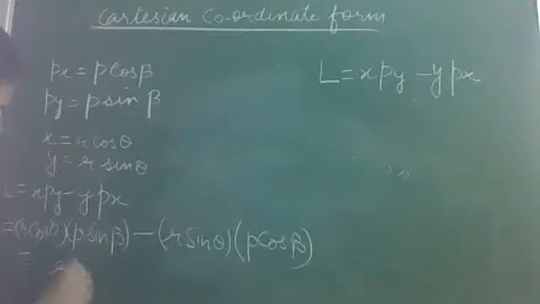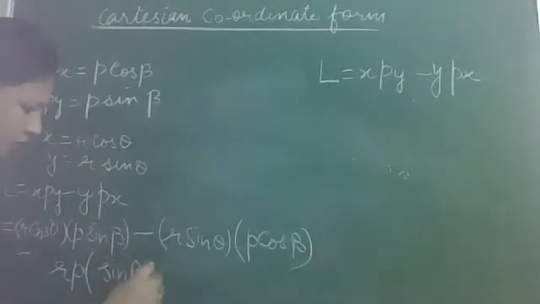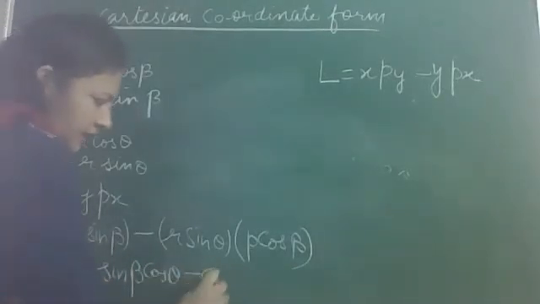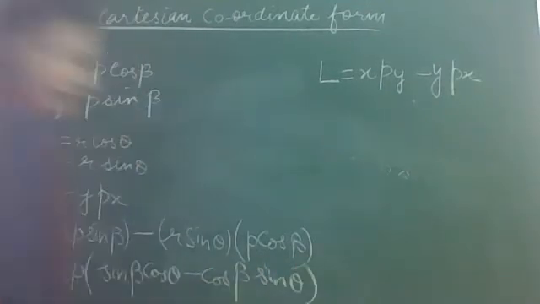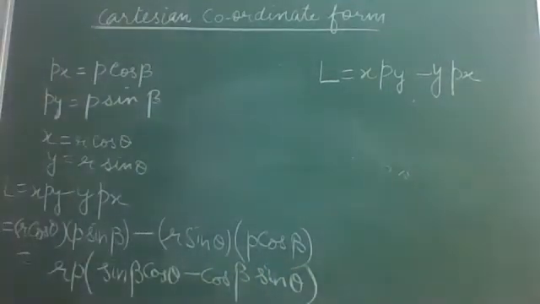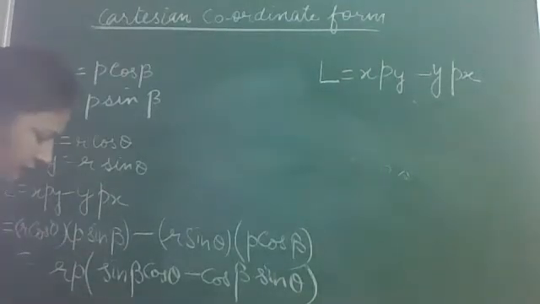Take rp common and write sin beta cos theta minus cos beta sin theta. That becomes sin A cos B minus cos A sin B, so rp sin(A minus B), that is, beta minus theta.